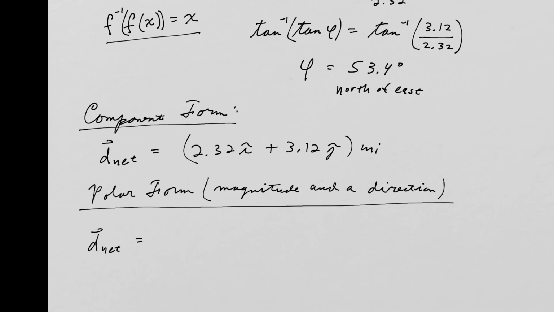That's the magnitude. 3.89 miles at 53.4 degrees north of east. So that would be in polar form, right? It has a magnitude and direction.